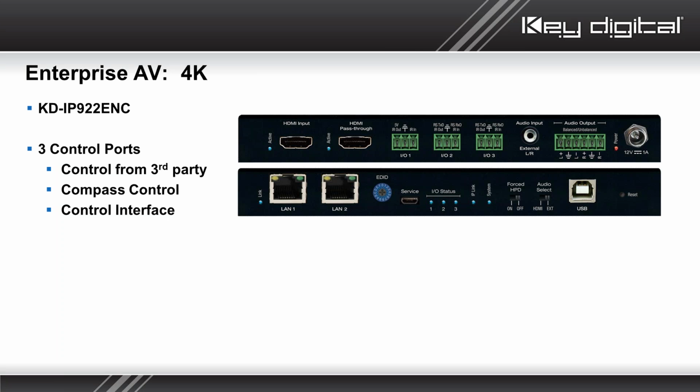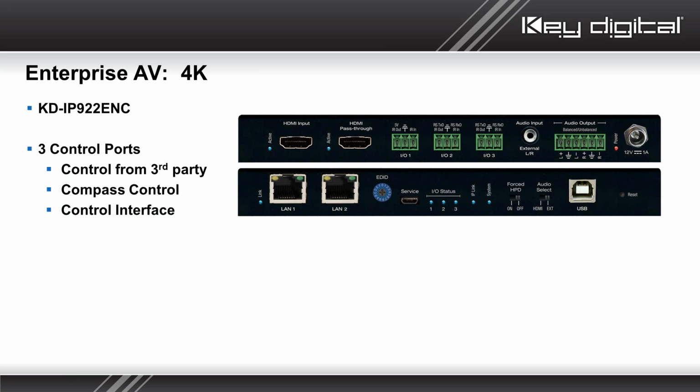So from your Crestron, or let's just say advanced control systems, you're able to send a command that says, port number 2, you are now RS-232. You're going to send an RS-232 command at the baud rate 19,200, and here's what the command looks like, and it's fully bidirectional that way.